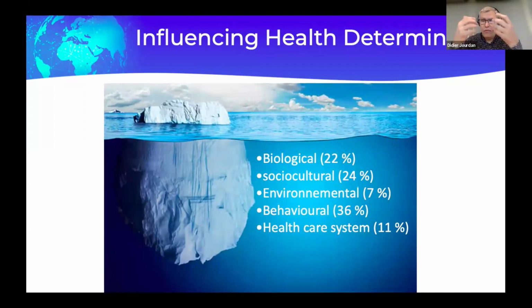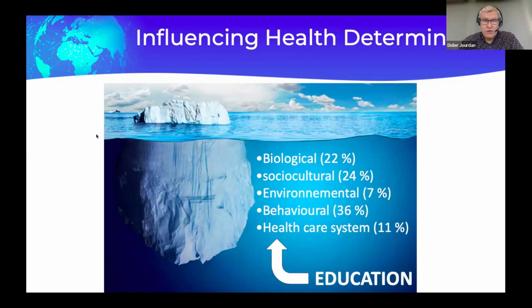When we talk about health, we think hospitals, doctors, healthcare settings, but you all know that more than 80% of the determinants of health are linked to biological, socio-cultural, environmental, behavioral, and education factors, and all of these are linked to education. So from a public health point of view, it's absolutely critical. That's a priority. Never forget that 20% of the global population is in schools every single day.